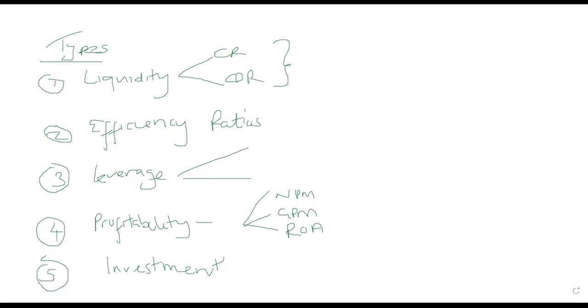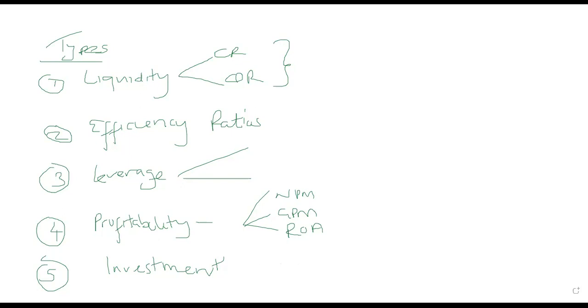The debt ratio and the long-term debt to equity ratio. We talked about the debt ratio being the liabilities divided by the assets. The long-term debt to equity ratio just looks at the long-term debts divided by our owner's equity.